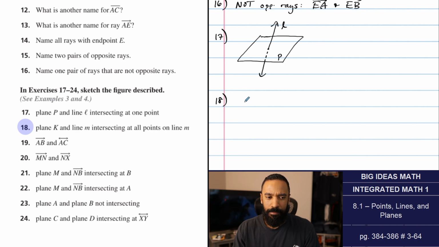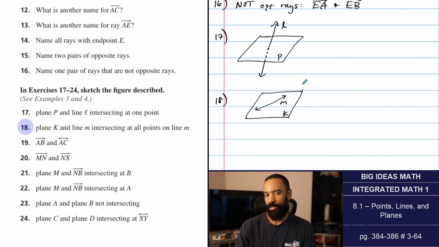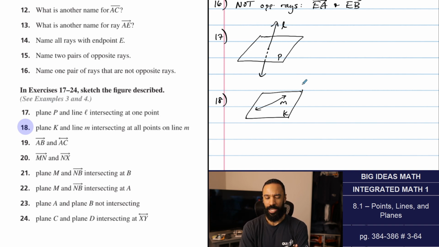I think they mean, oh boy, I'm sorry if I'm going to do this wrong. I don't know if I'm reading this wrong or what. Here's plane K, and here's a line that's on the plane. I don't know if that's what they mean. Line M intersecting at all points on line M. I don't know, guys.